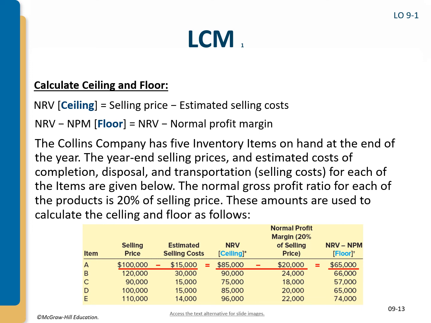So selling price minus estimated selling cost will give us our ceiling. So that's the highest the market could be. Multiply the selling price of $100,000 times 20%. That's the gross profit. Subtract that from the ceiling, and that gives you your floor. So you would do that for each item. So we're just calculating the highest the market could be and the lowest.